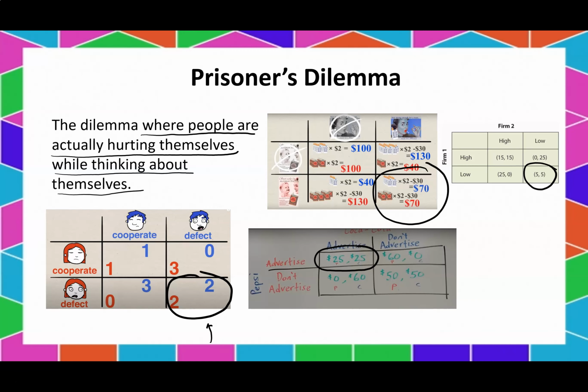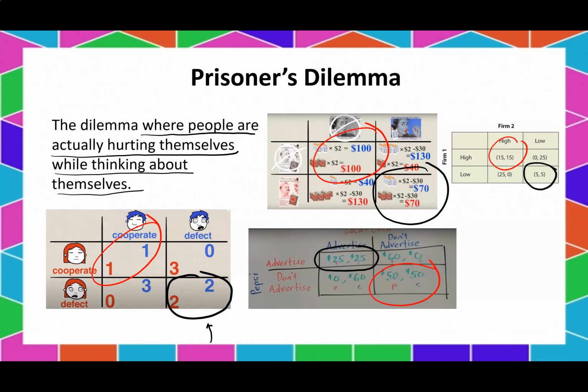So this is a huge model in business showing that although competition is really good and drives our economy, sometimes the ability to not think about yourself and to think about others and to cooperate would actually end you in a place that was much more beneficial for everyone, right?